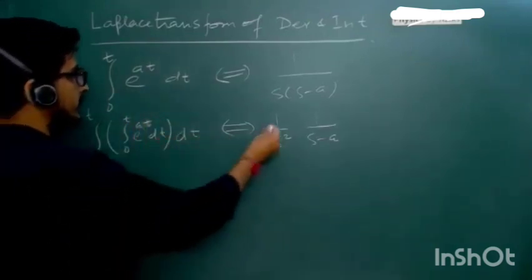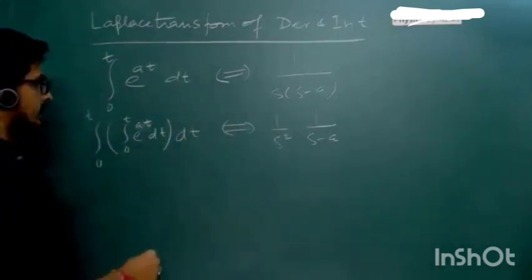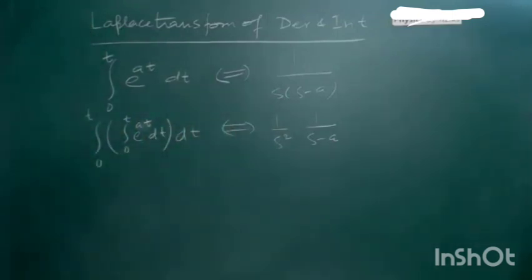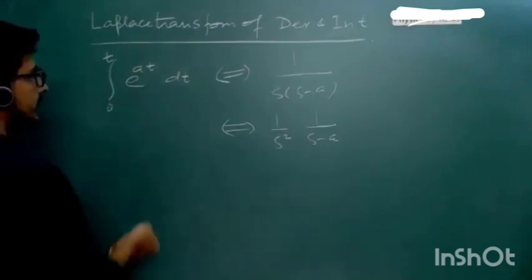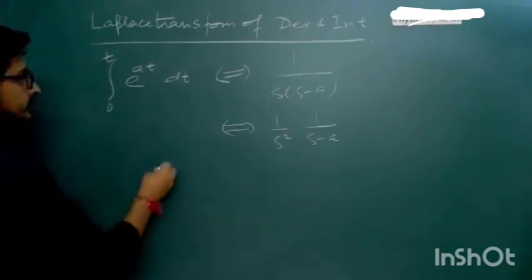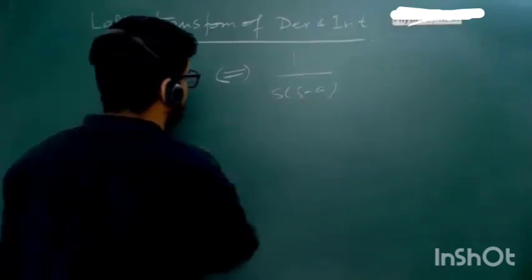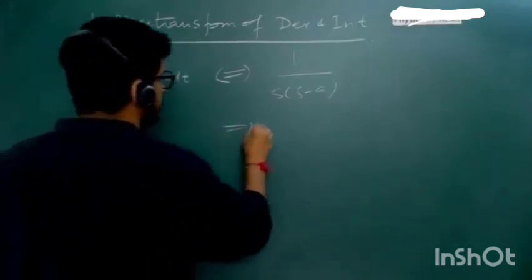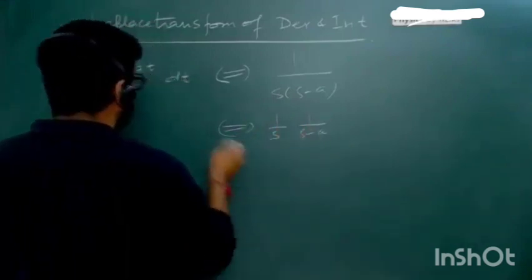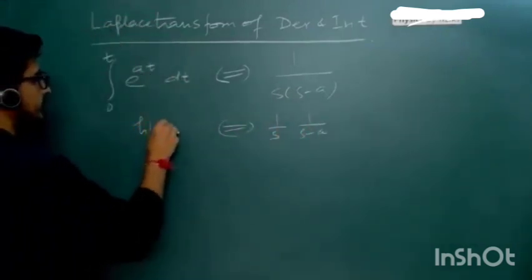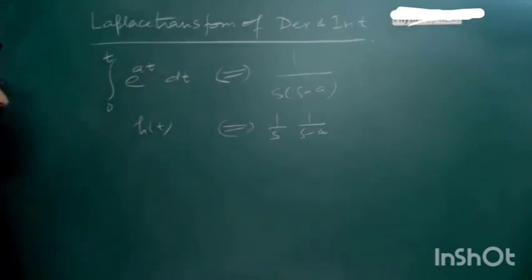Whatever. So this will become a new question, no? Suppose you get after integration, forget about this, suppose it was like this: 1 over s, 1 upon s minus a. So you got here some h(t). This will be a function of t.